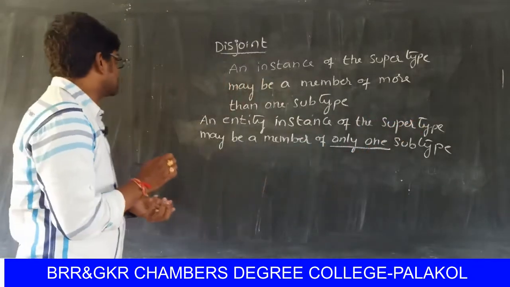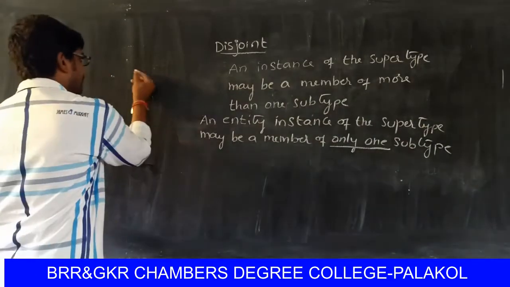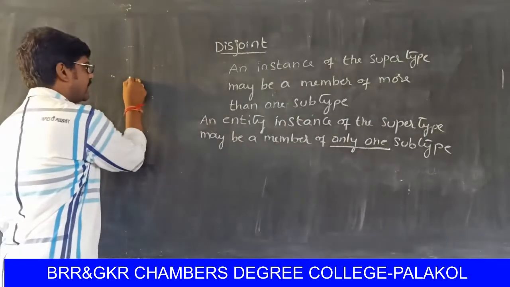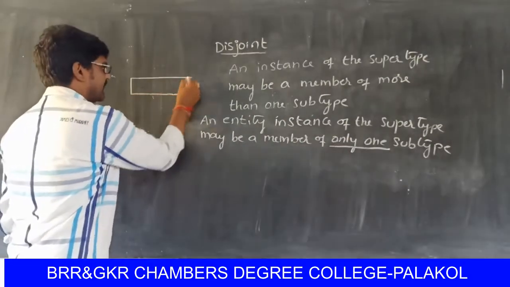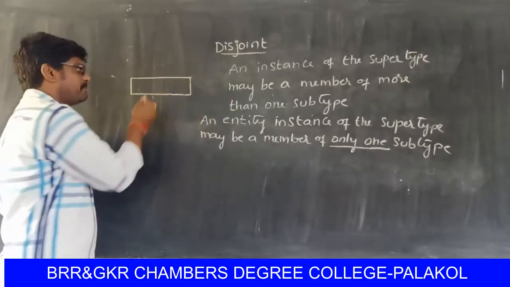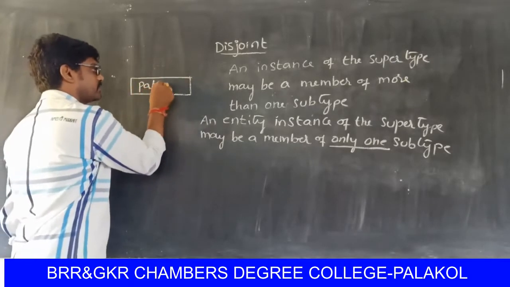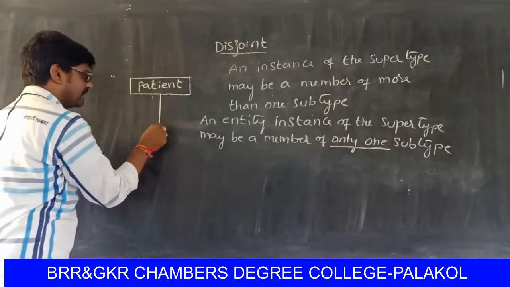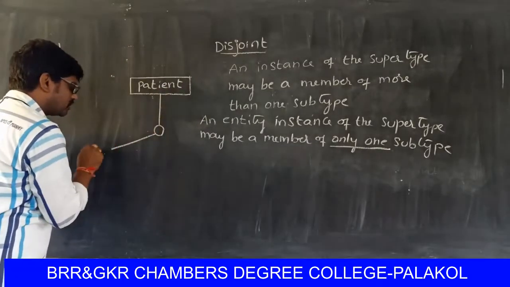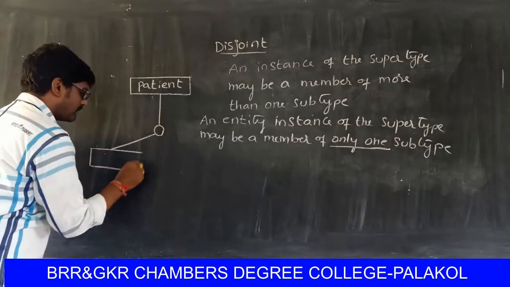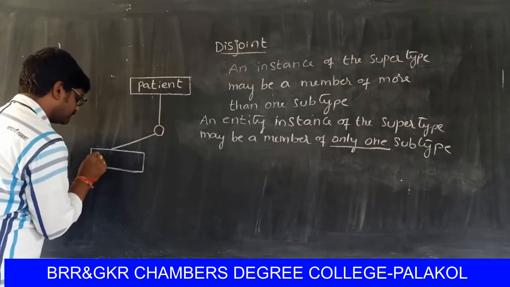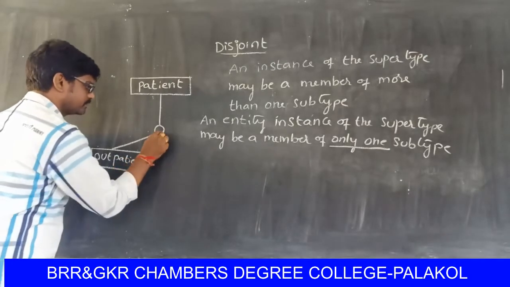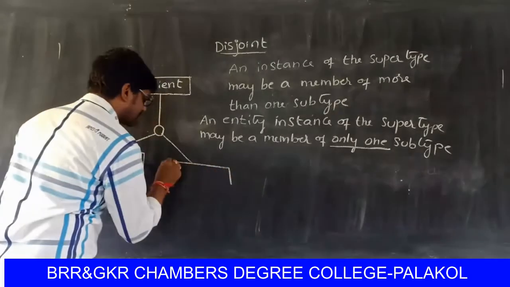Let us discuss with an example. I am taking an entity patient. Patient can be specialized into outpatient or resident patient.